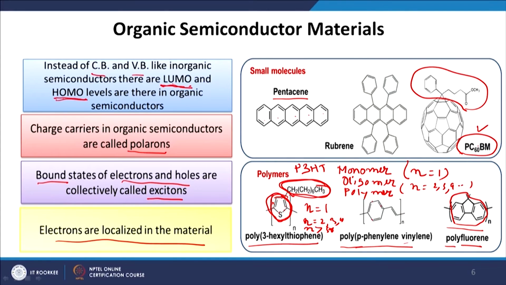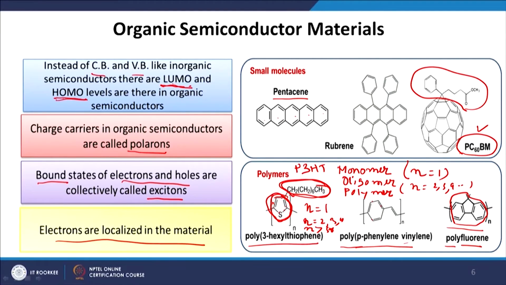Why we need these two different kinds of molecule, we will discuss later on. Similarly, this poly p-phenylene vinylene is also called PPV, and polyfluorene is also an example of a conducting polymer which is highly fluorescent. We can use a pair of this polymer and the small molecule, depending upon their energy levels, as donor and acceptor material in this kind of solar cell.